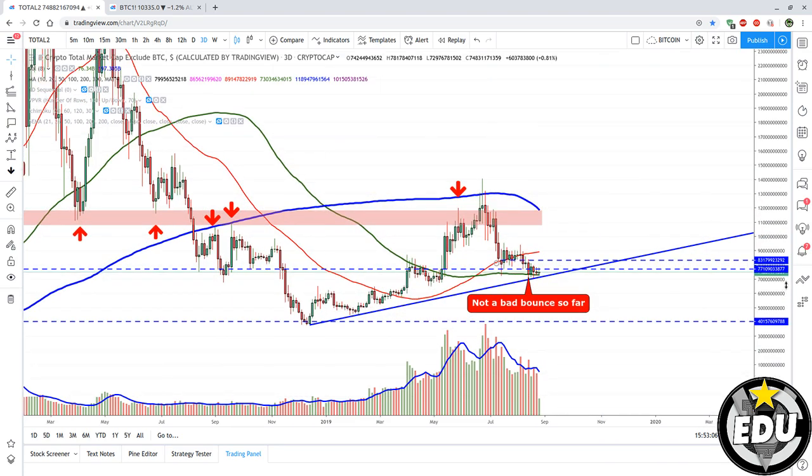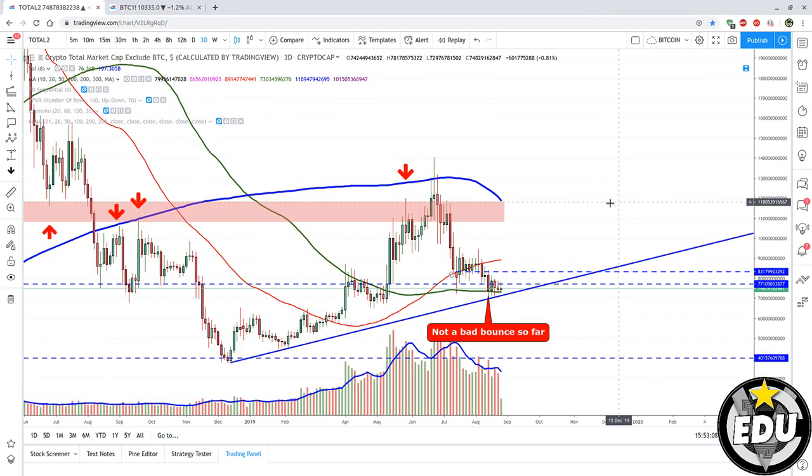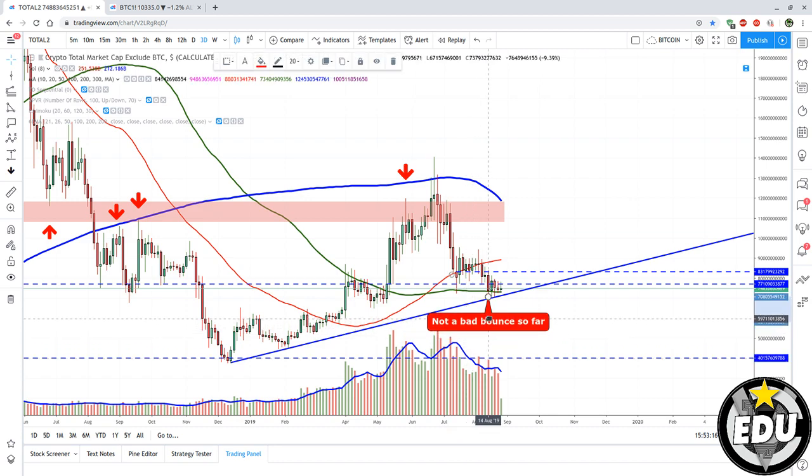So we really need to stay above this trend line support and move upward for the altcoin market to see an increase in price. Still uncertain, because we also have the Bitcoin dominance.